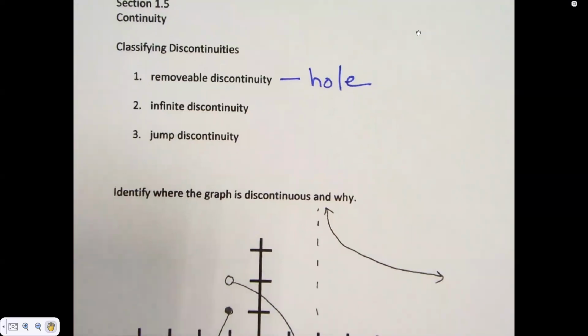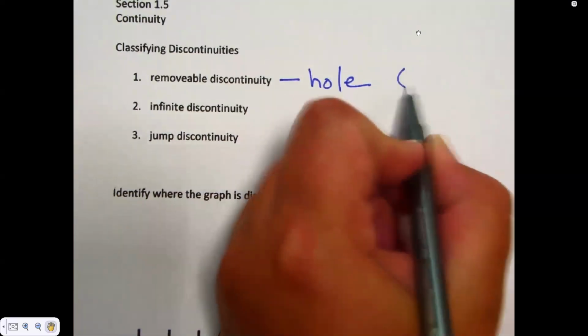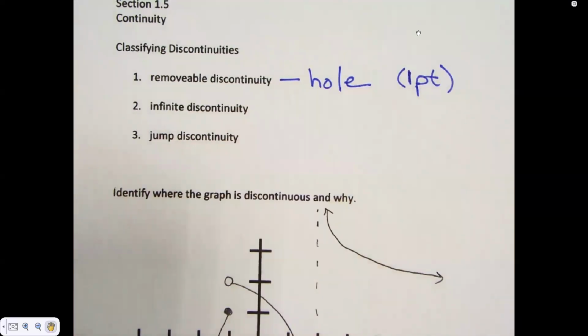That one spot, that one point. Okay, we could write that, I guess. I still like hole, but it's one point being removed. But I still am going to have to pick up my pencil, so that makes it discontinuous. Remember, continuous literally means I can trace the graph and never pick up my pencil. Simple as that.